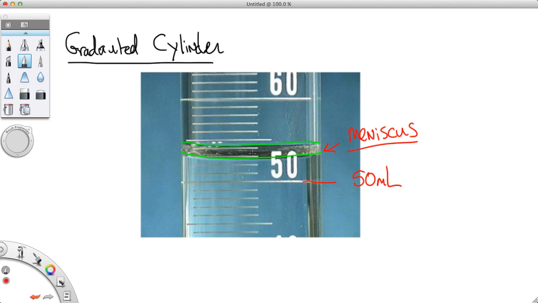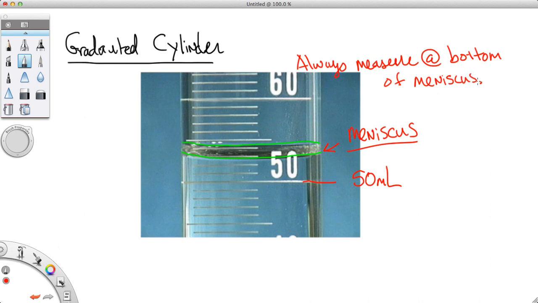The correct answer is 3, because we are using the bottom of the meniscus. We always measure at the bottom of the meniscus.